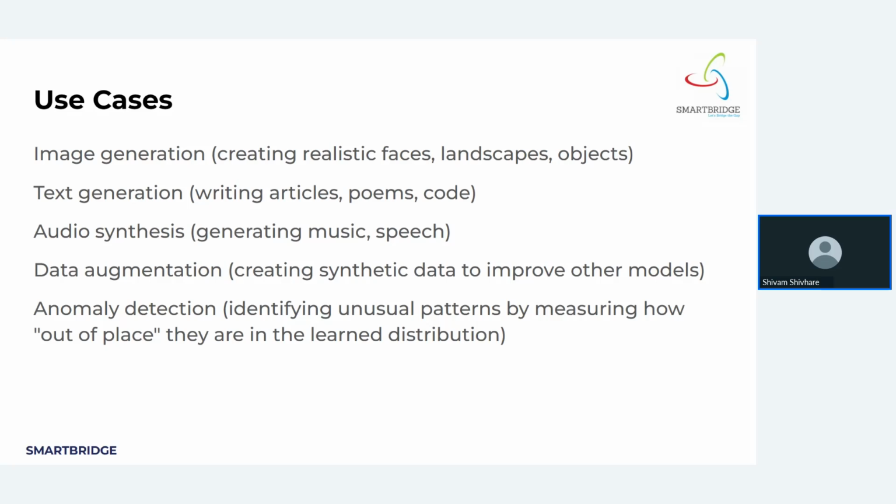Okay. Text generation, writing articles, poems. You have already seen that there are a lot of text models: Gemini, IBM, and ChatGPT mainly, which became more popular, right? It gives complete information in text. Audio synthesis, generating music and speech. Nowadays a lot of people are using audio synthesis.